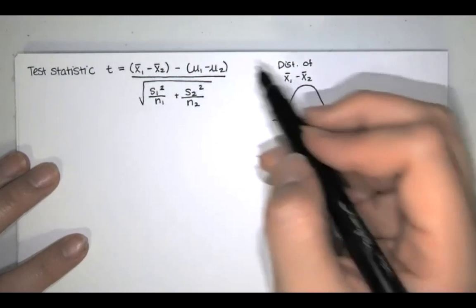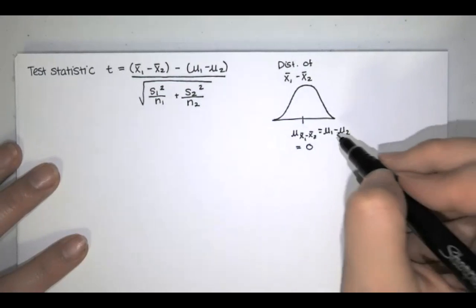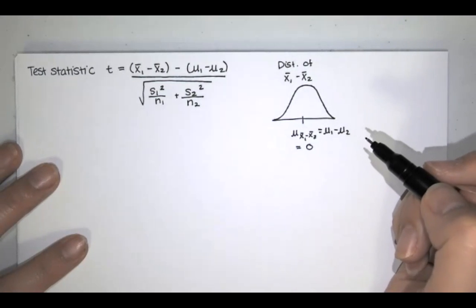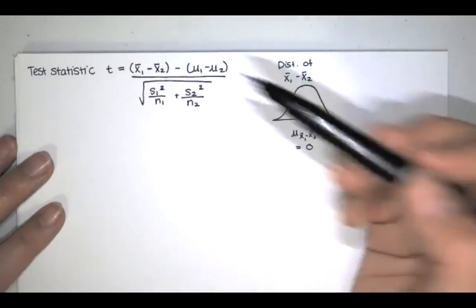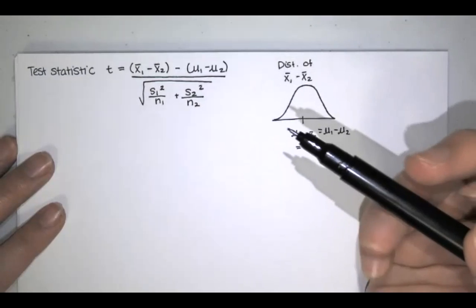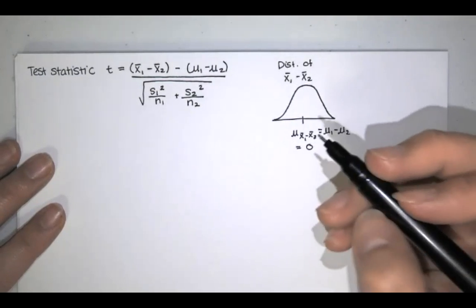And then we're assuming that the null hypothesis is true in this case. So we're assuming that that mean is 0. So mu sub 1 is equal to mu sub 2. And then we're asking ourselves, is the value of x sub 1 bar minus x sub 2 bar that we have for our particular samples significantly high or significantly low?